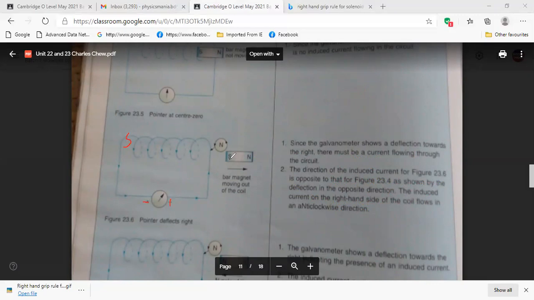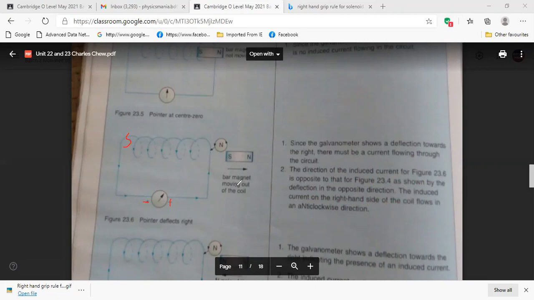It will pull it towards it. Is it clear? Yes, sir. So one is opposite to another one. Previously it was not allowing it to go forward. Now it's not allowing it to go far away. It's clear now. Yes, sir.